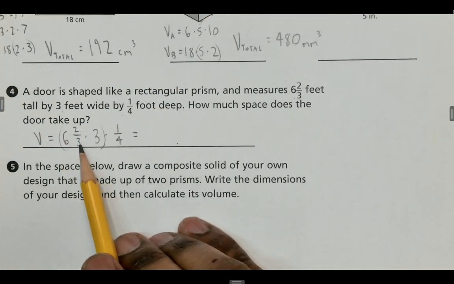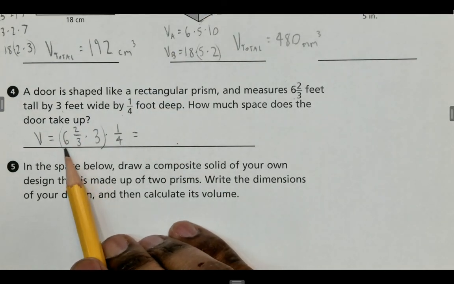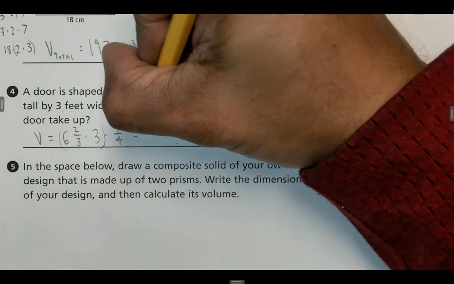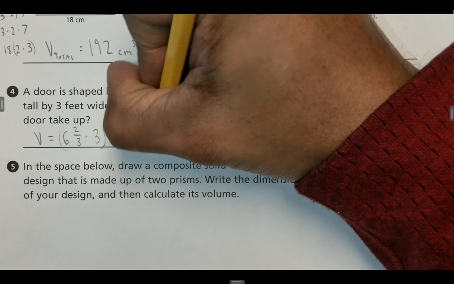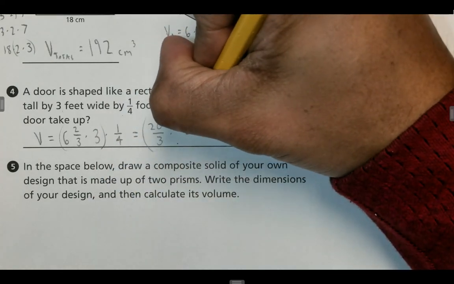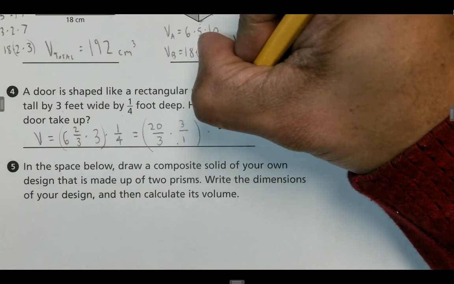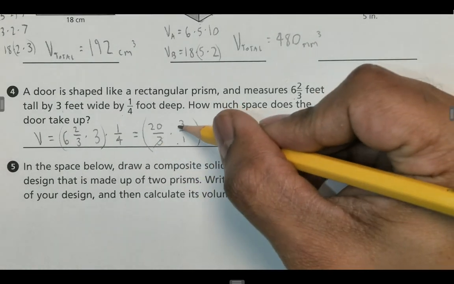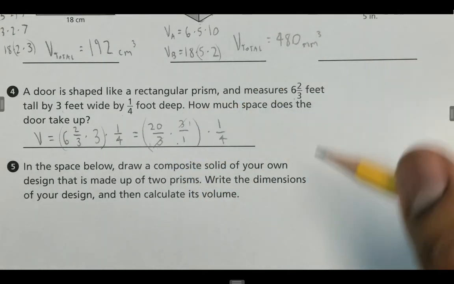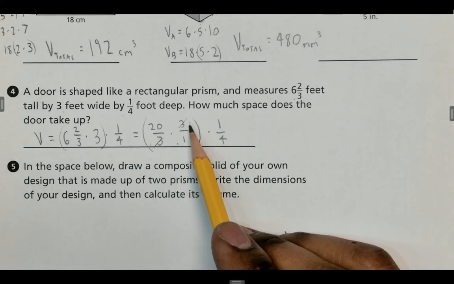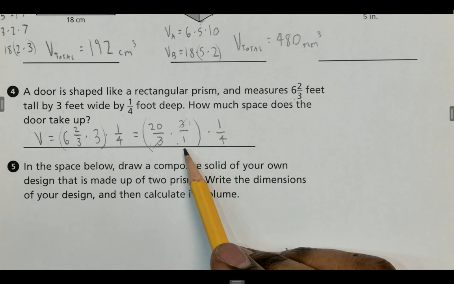This I'm going to convert to an improper fraction. 3 times 6 is 18. 18 plus 2 is 20. Whole number 3, I'm going to write as itself over 1. Do you see an opportunity to use cross-canceling? 3's cancel, don't they? So inside the parentheses, we end up with actually 20.